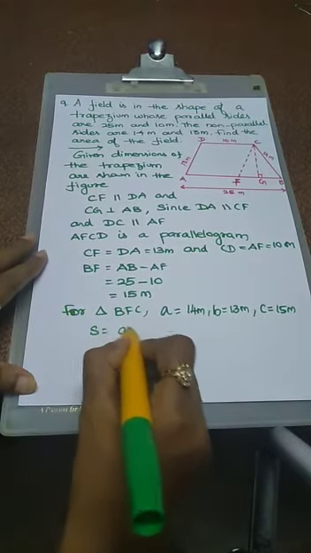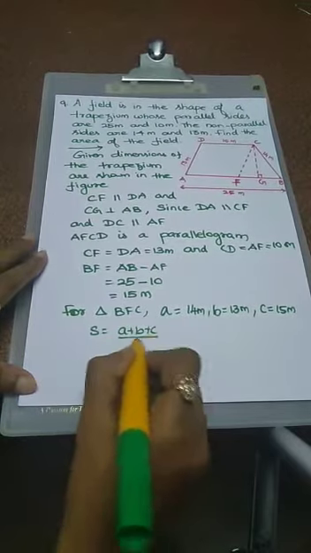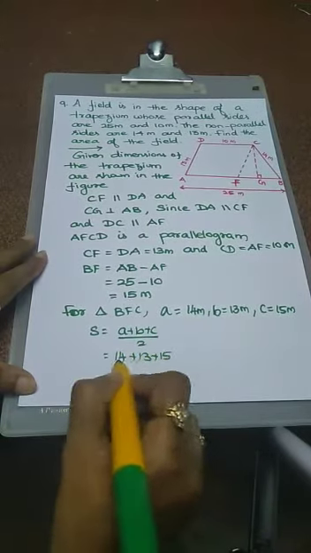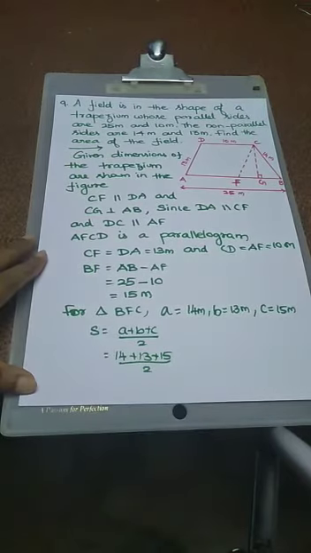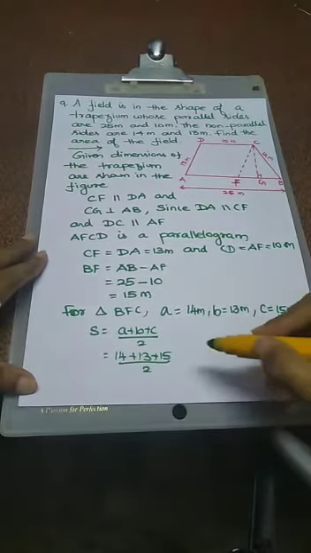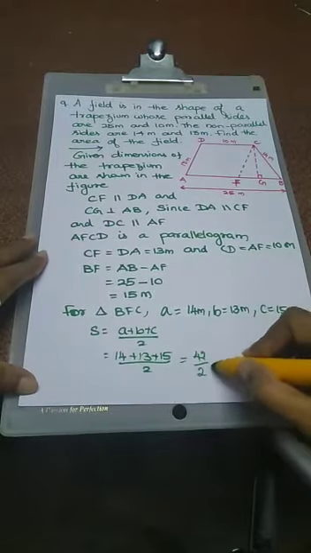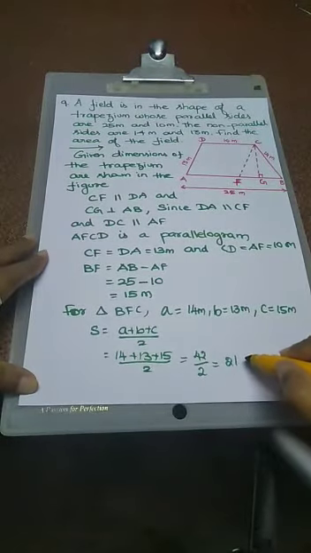S is equal to (A plus B plus C) divided by 2. So (14 plus 13 plus 15) by 2. Add the values. What is the answer? Actually 42. 42 by 2, so it is 21 meter.